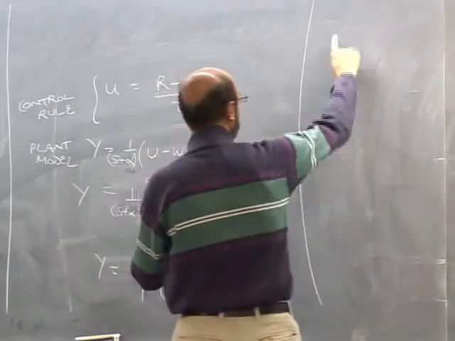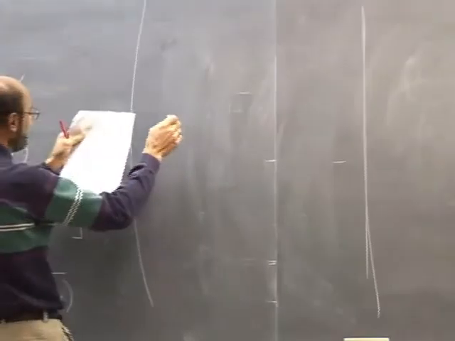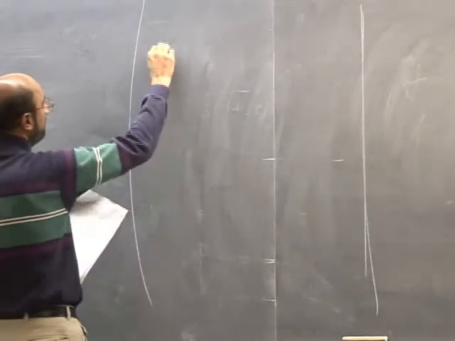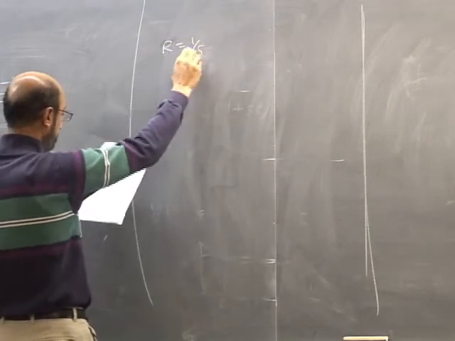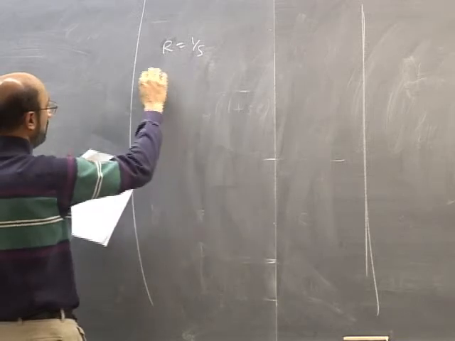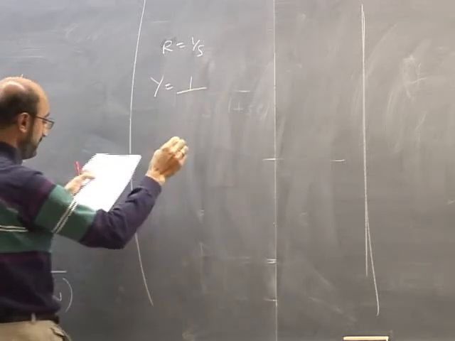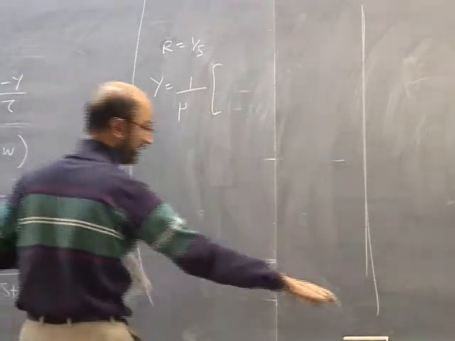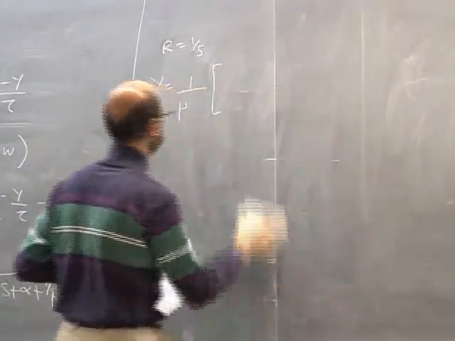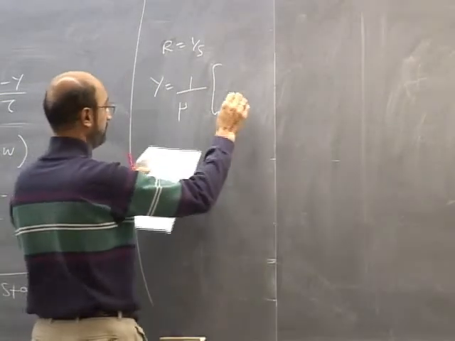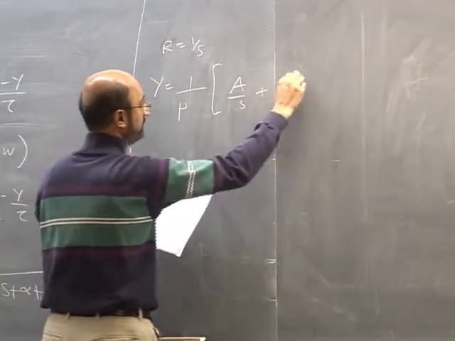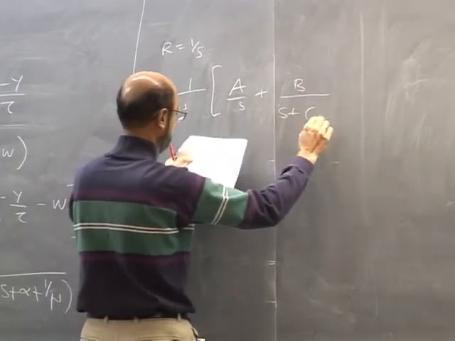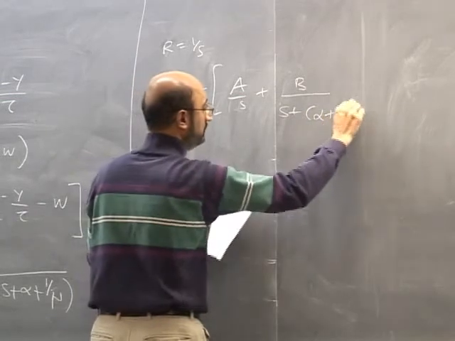So when we expand this for r equals 1 over s, we get y equals 1 over mu, and I'll do the partial fraction like so: A over s plus B over s plus alpha plus 1 over mu.